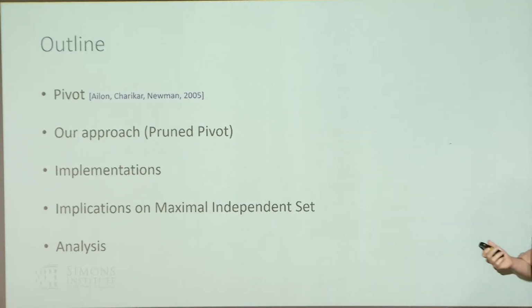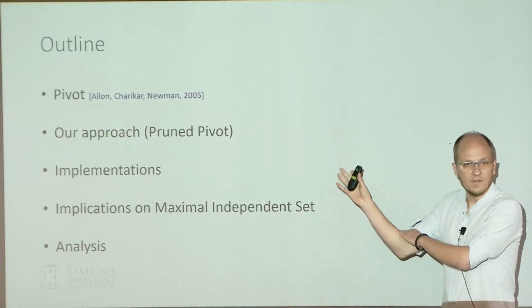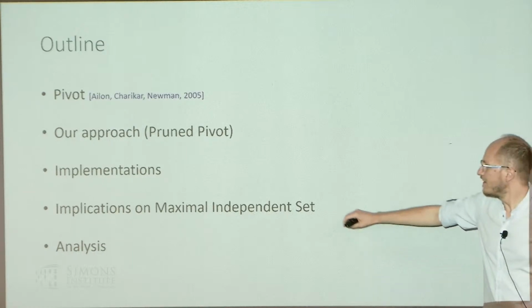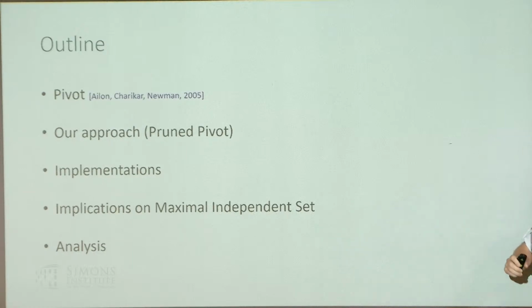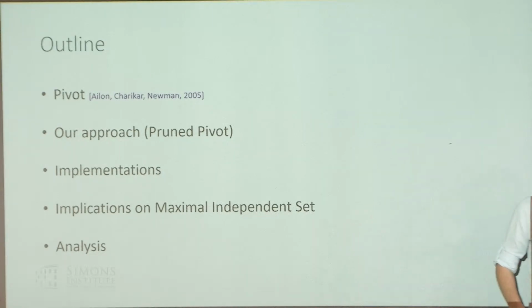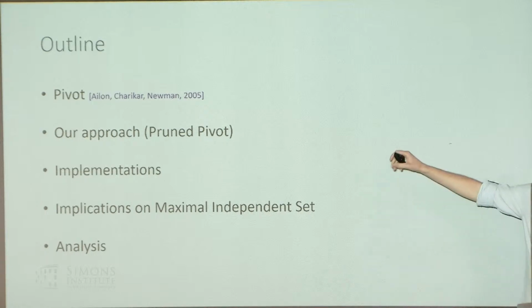Then I will tell you our approach, which we call pruned pivot, built on top of pivot. It's a very small modification to pivot. And then I will switch to maximal independent set, and hopefully give you the full analysis of one part of the algorithm.